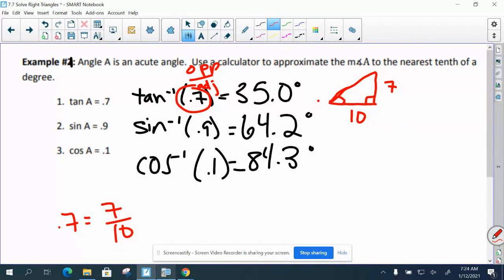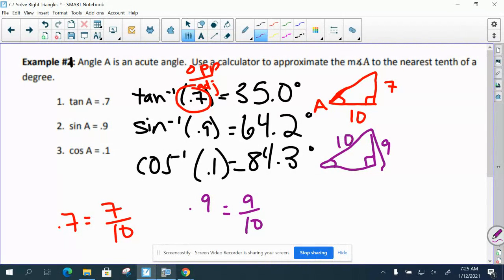Right, so I just wanted to give you a visual of this type of question, which I have seen on the AIR test, and there will be something like this on your test. So how about for the sine? For sine of A, there's angle A. Sine is opposite over hypotenuse. So if you have 0.9, that's equal to 9/10. So the opposite side would be 9, hypotenuse would be 10.